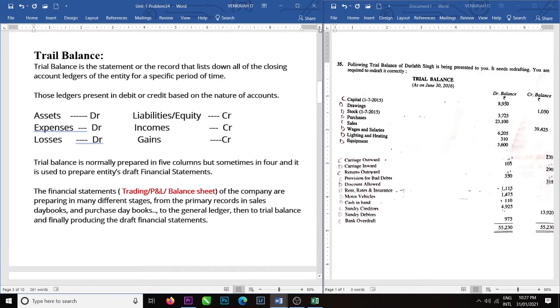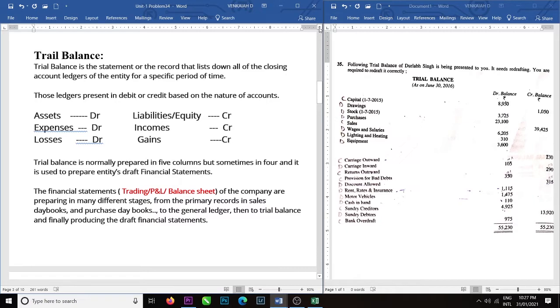To know that arithmetic accuracy, we prepare all debit balances on one side and all credit balances on the other side, and the debit balances are equal to credit balances. That is called arithmetic accuracy. At any cost, we achieve this arithmetic accuracy because we are following the double entry system.